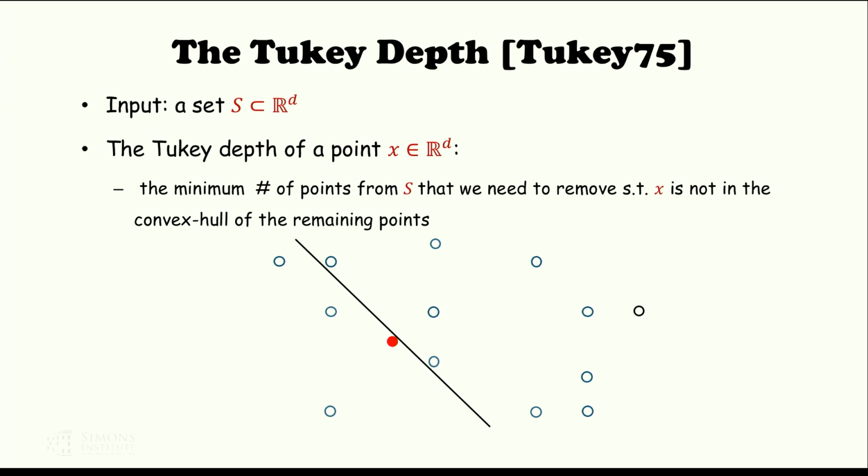One comment: this notion is used in geometry, and they usually have a more geometric definition, but for us, this is the correct way to define it and understand why we use the Tukey depth.